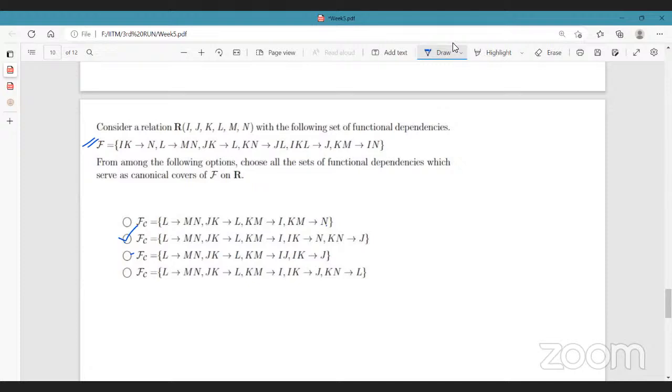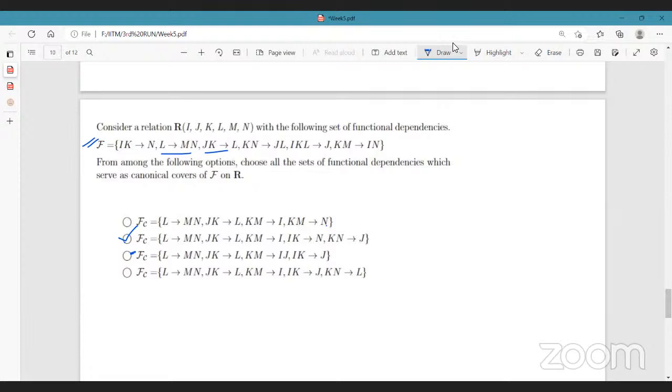Let us first check which of the functional dependencies in option 3 are present in the parent functional dependency set. First, L determines MN, then JK determines L, then KM determines IJ. KM determines IJ is not there. IK determines J is also not there.